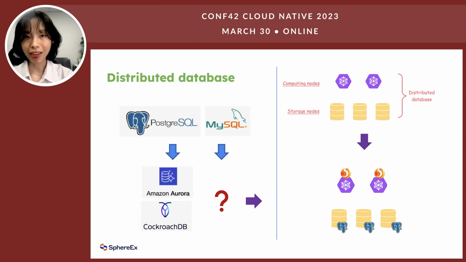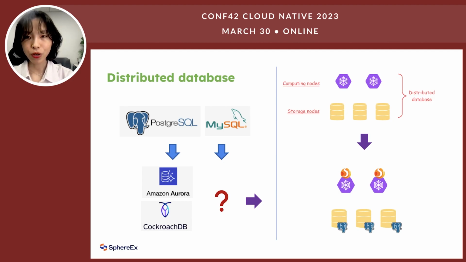So based on this idea, if we want to make our monolithic PostgreSQL become a distributed one, we can regard PostgreSQL or MySQL as the storage nodes, different storage nodes. Each PostgreSQL is one storage node. And all of the storage nodes can do some of the local computing work and help us persist the data, right?